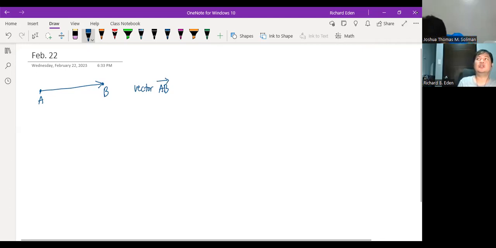I know we're using the same symbol for a ray, but the thing about a ray is that it goes infinitely in one direction. On our part, the vector AB starts at A and ends at B. So it's a segment with a direction.